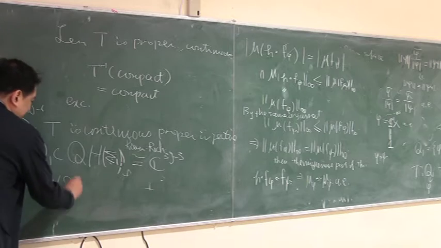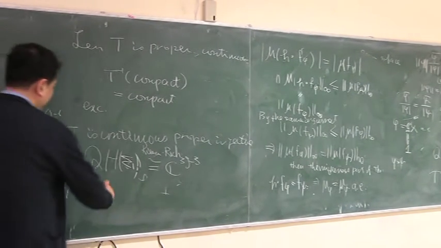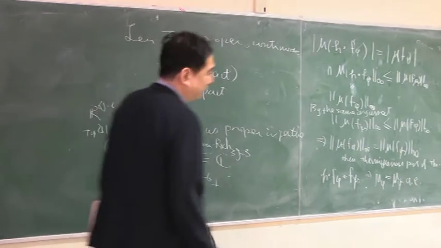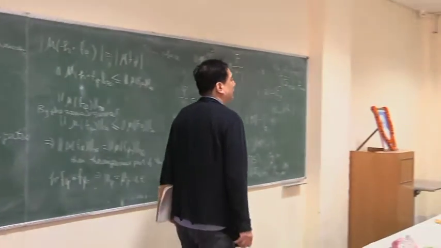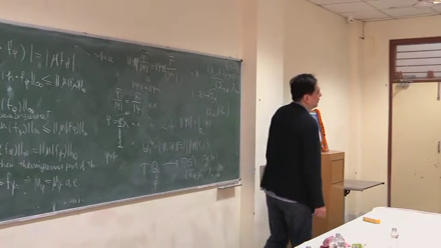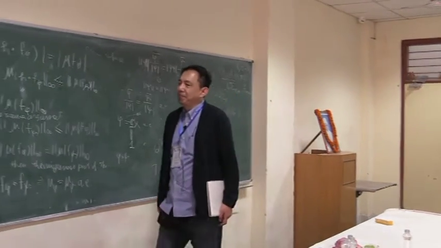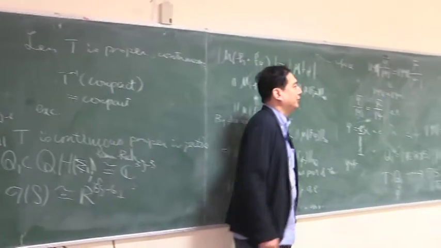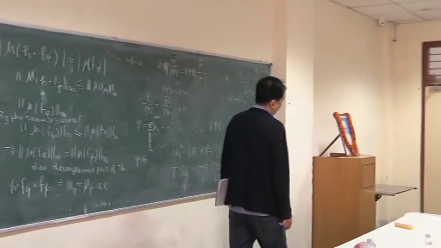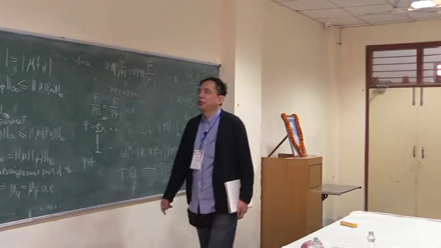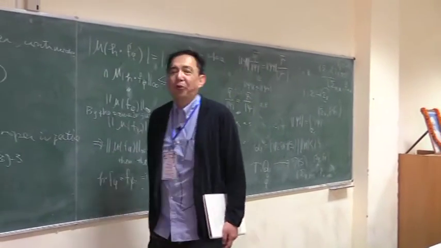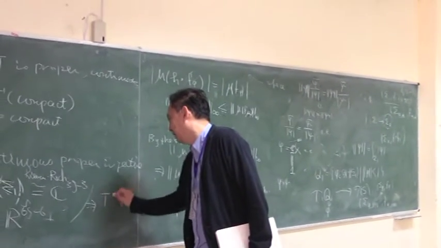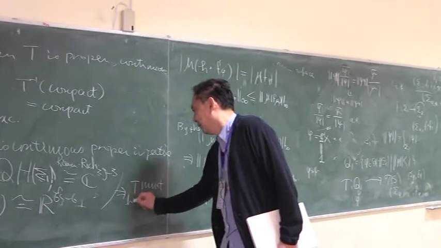And on the other hand, we know the topological type of the Teichmüller space. I didn't show it, I just mentioned that it's homeomorphic to the Euclidean space of dimension 6g minus 6. So they are the same dimensional Euclidean space, and you have a continuous injective proper map. Then it's just an exercise to show that T must be a homeomorphism.